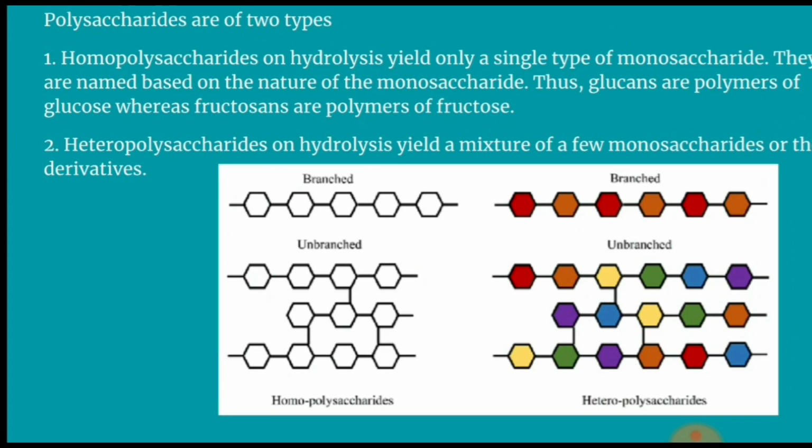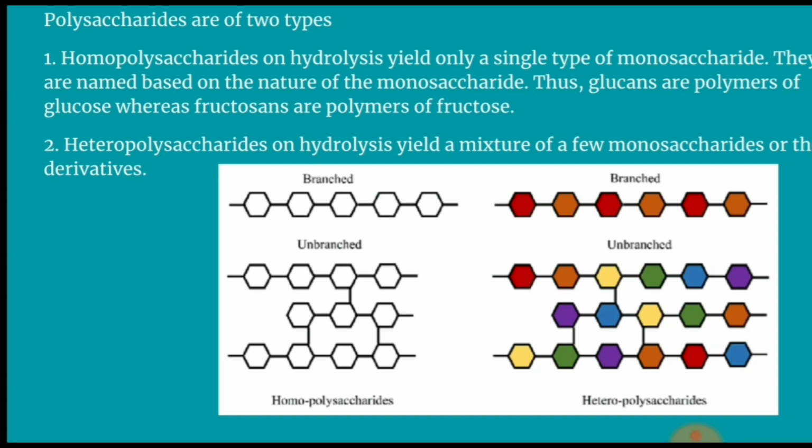There are no different types of monosaccharides mixed up in the polysaccharide. These homopolysaccharides, the glycans, are polymers of glucose. They could be polymers of glucose, or they could be polymers of fructose, forming fructosans and glucans. These are examples of homopolysaccharides.